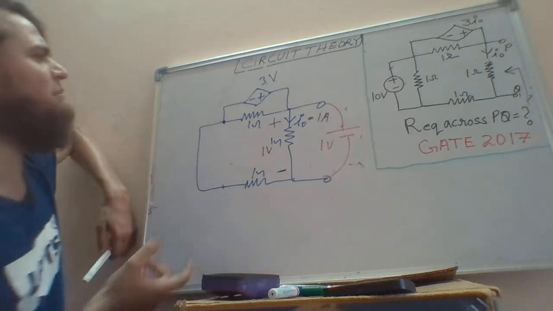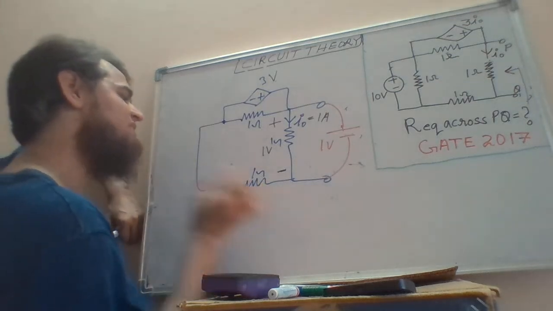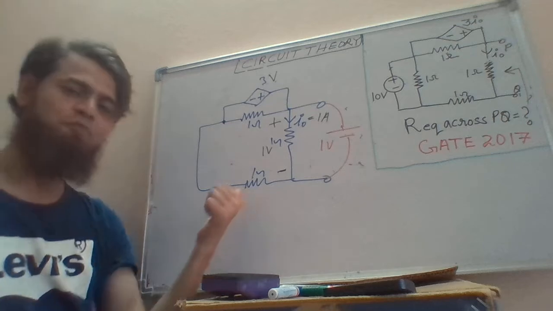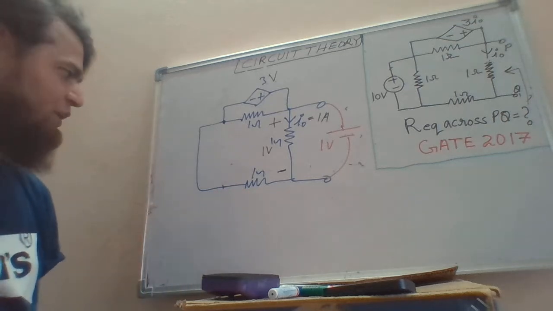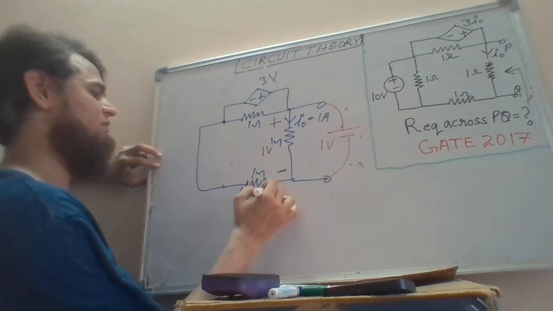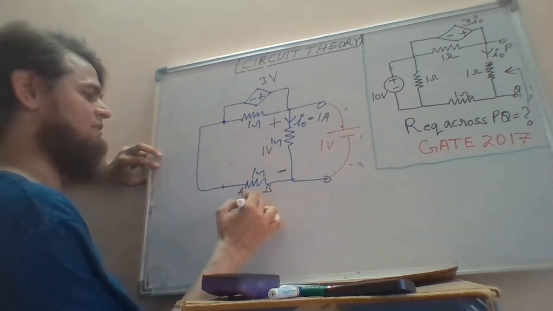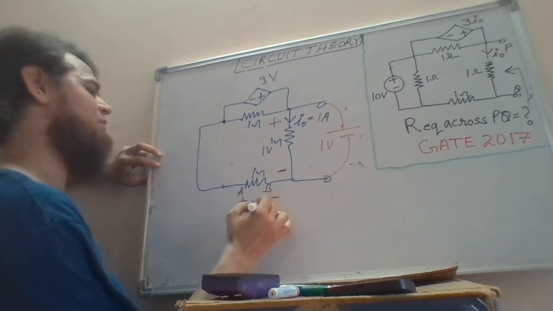Now can you please tell me what shall be the drop across this resistance, this bottom resistance? Let me write it like AB, and let me write the drop as plus minus VAB.